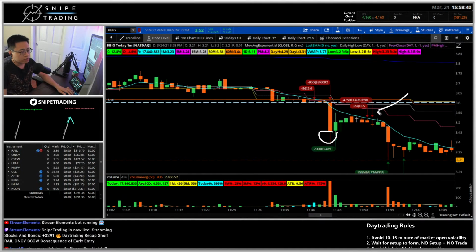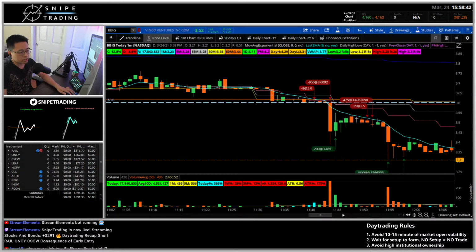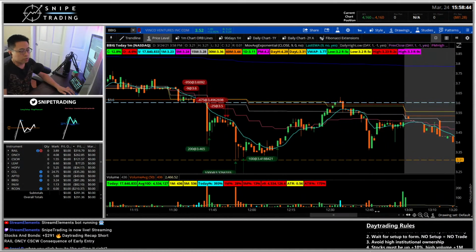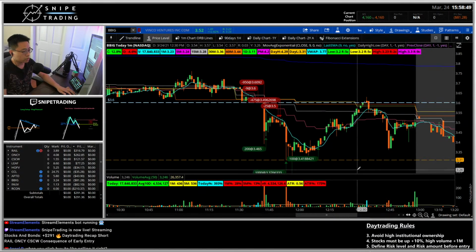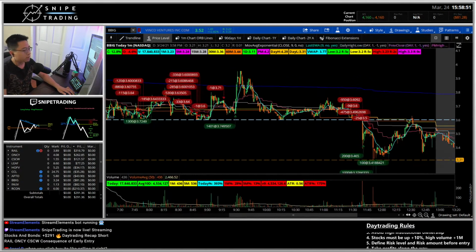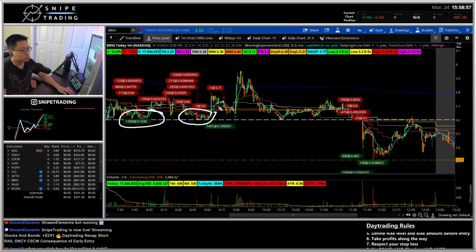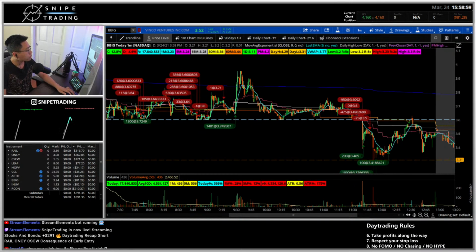I took some profit there, reshorted, and then took my profits down there, and I pretty much recouped most of my losses, just down a total of $81 on this trade. Not a bad trade, I just had to be more patient. The consequence of being early is getting stopped out.